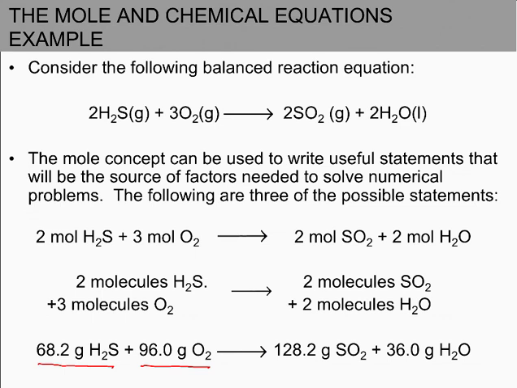And when those two amounts react, we should end up with 128.2 grams of SO2, which is equivalent to 2 moles of SO2, and 36 grams of H2O, which is equivalent to 2 moles of H2O. Now, additionally, if we add the masses on the left-hand side, those should equal the masses on the right-hand side because of the law of conservation of mass. So we're going to use all of this different information in order to solve some problems.